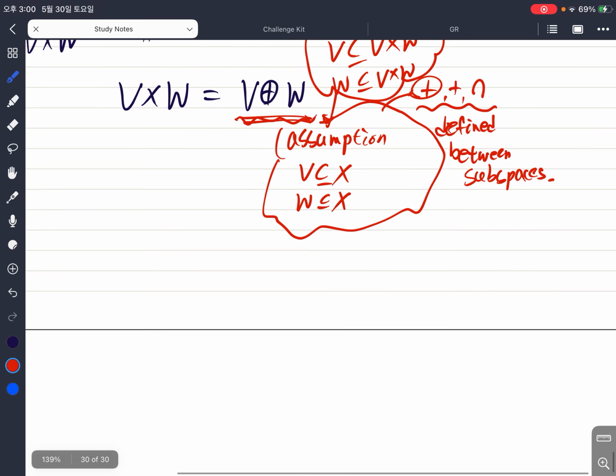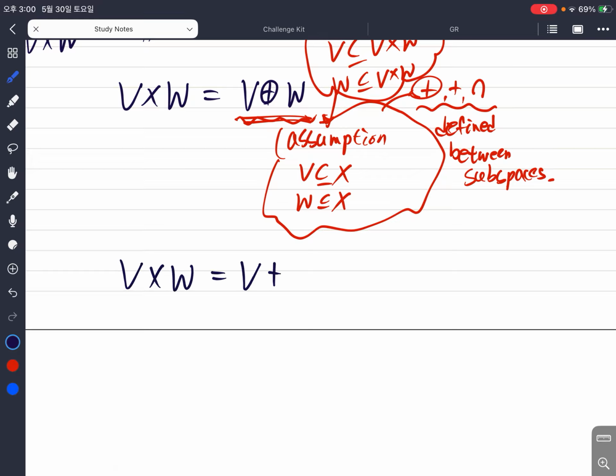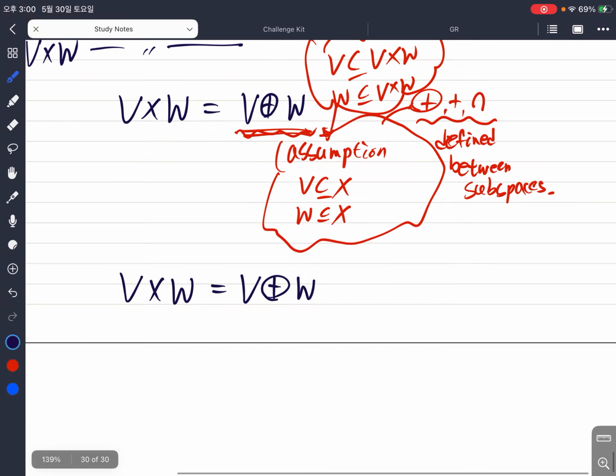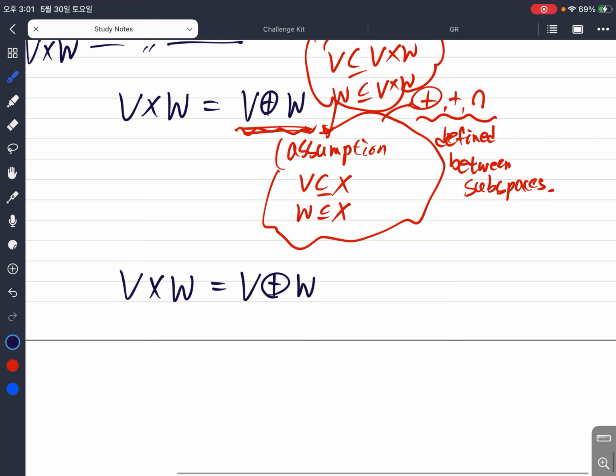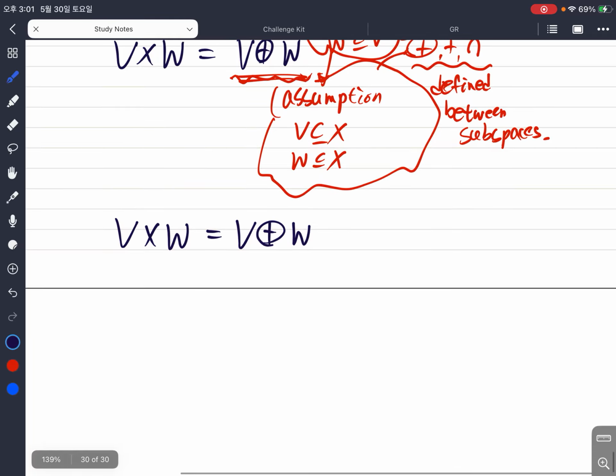So really V times W is V direct sum W, but I think it's good to remember that you have the assumption that V and W are vector spaces of something, and this something might be just a Cartesian product or a bigger one.